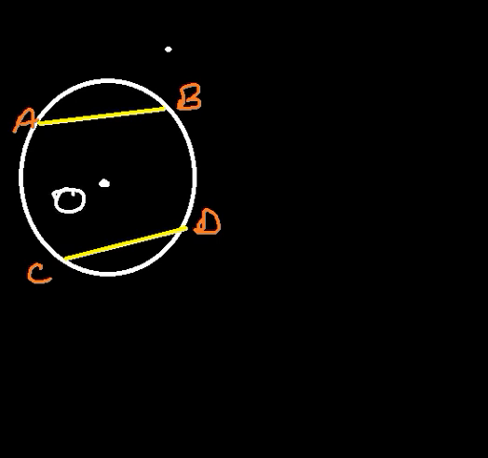Now if the chord AB and the chord CD are the same length, then the distances of each chord from the center are the same. Let's say this is a distance d1, and this is a distance d2.